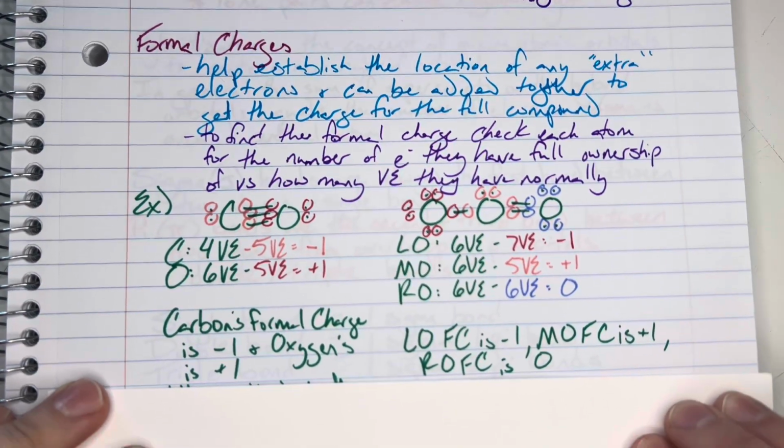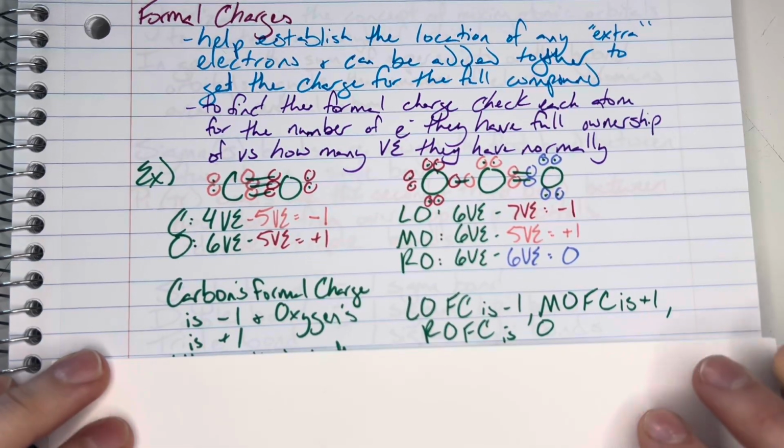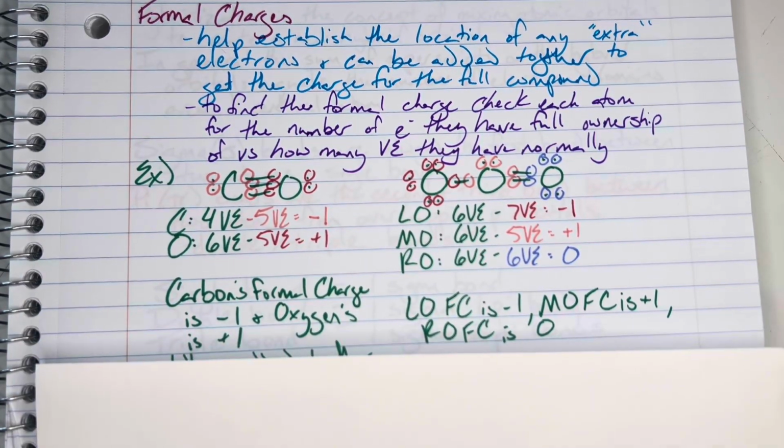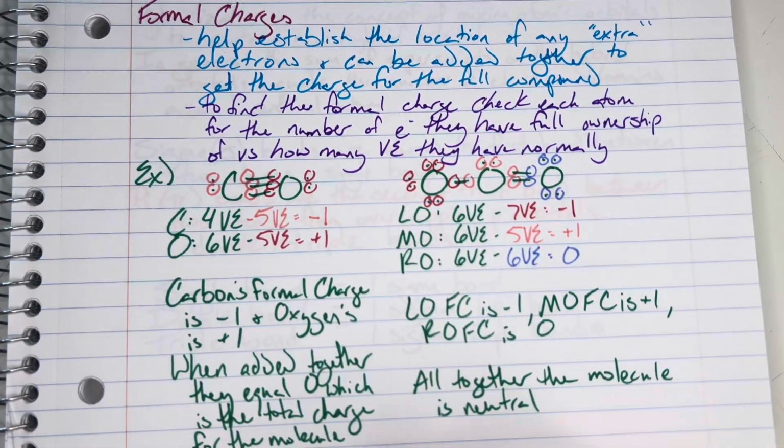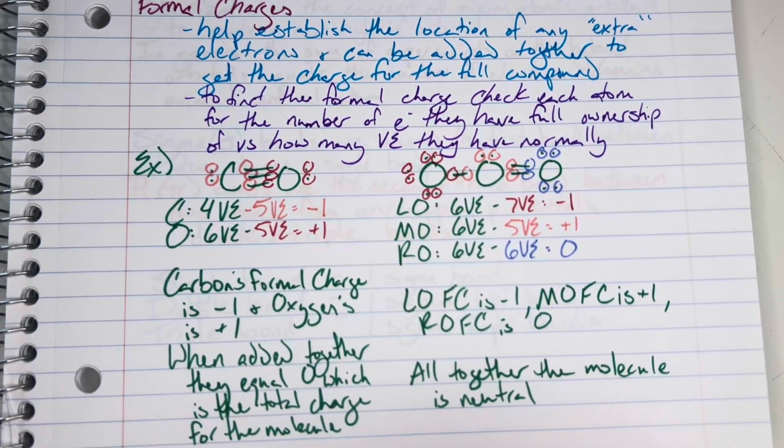Again, my formal charges are just the differentials between how many valence electrons I should have based off of the periodic table versus how many I actually have in the Lewis model. And when they are added together, it should equal the total charge for the molecule.